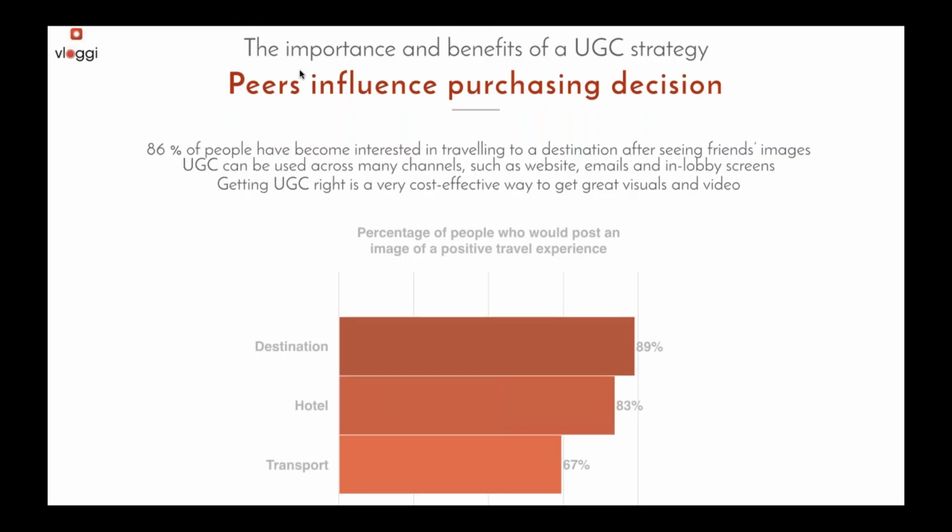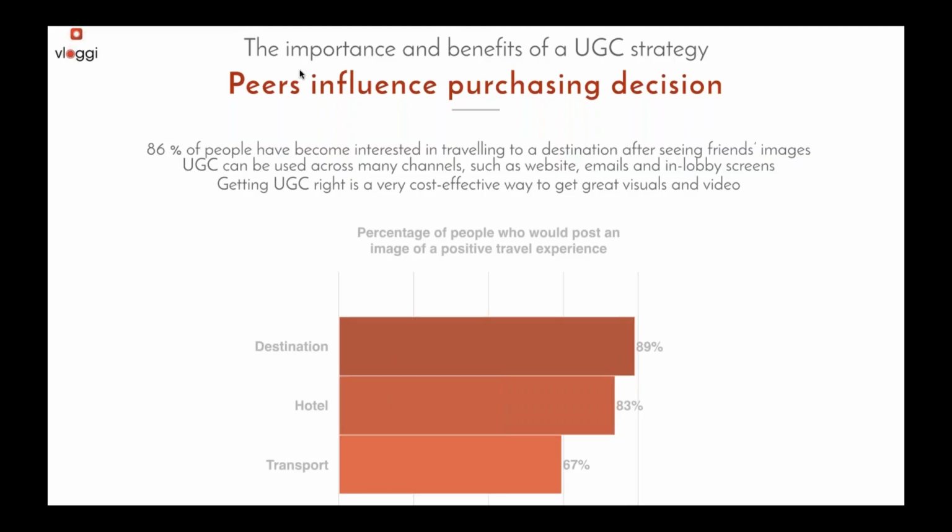Also very interestingly, over 89% of respondents would post an image of a positive travel experience in a destination. When it comes to hotels, the percentage is also really high, 83%. This shows how influential peers' recommendations are in purchasing decisions.